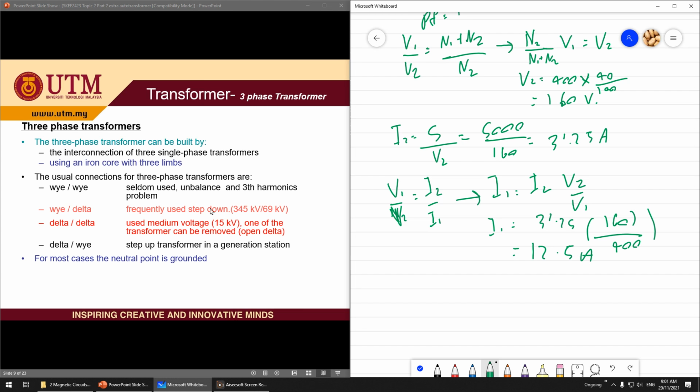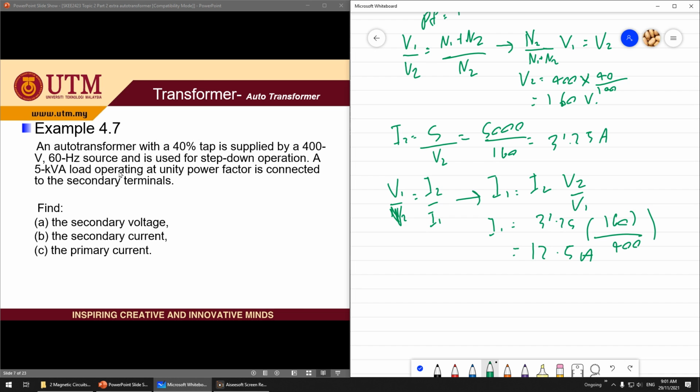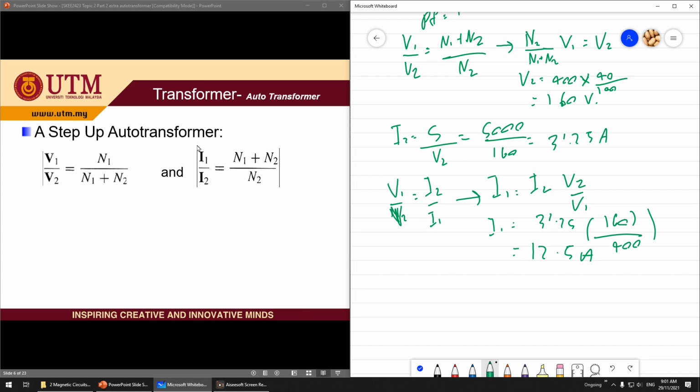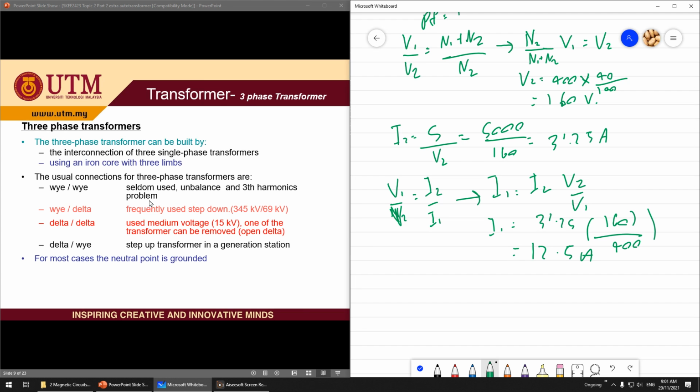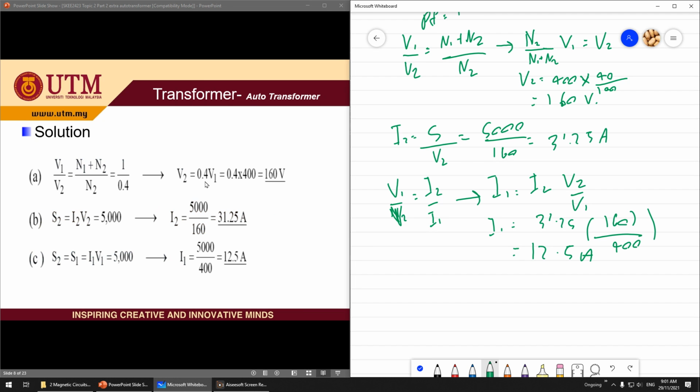Now we move on to the next part, which is the three-phase transformer. For the auto transformer, usually the question is simple, no need to do a practical transformer. For your course, only the ideal one.